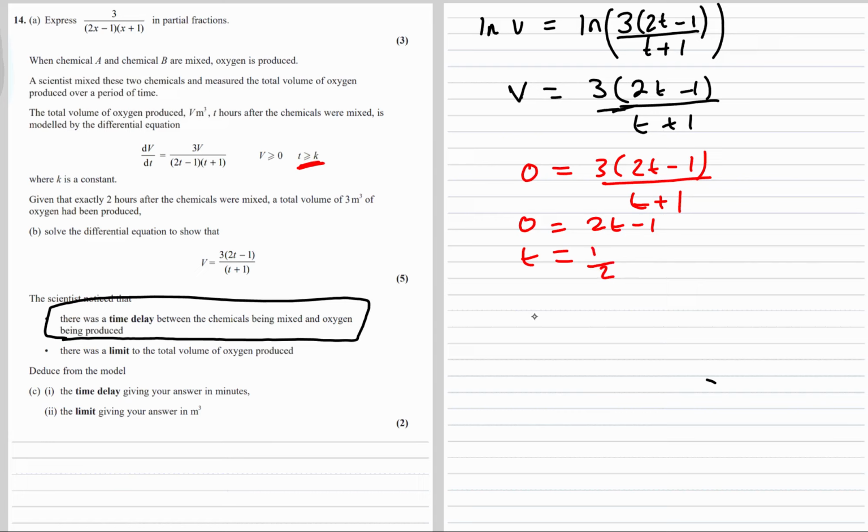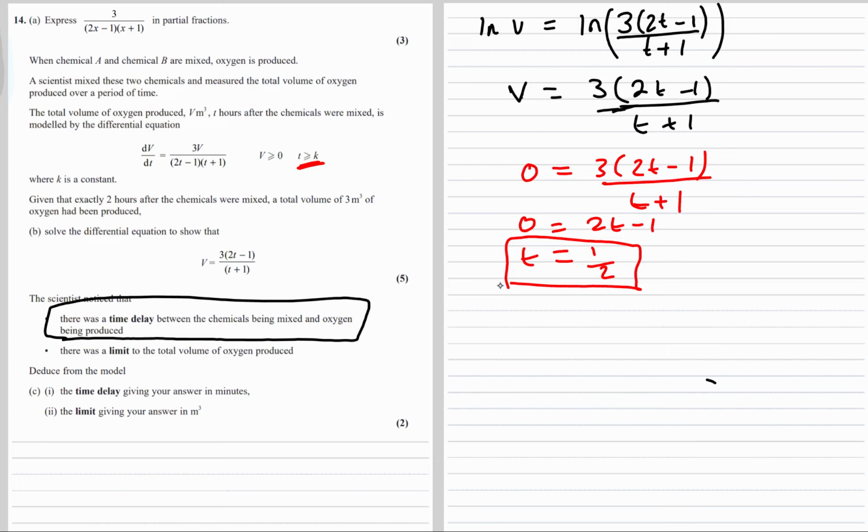So it only becomes positive after t is a half. The amount of oxygen produced is 0 when t is a half, and then it starts getting produced after that. So the delay is a half, and it's measured in hours, so it's half an hour, or 30 minutes.